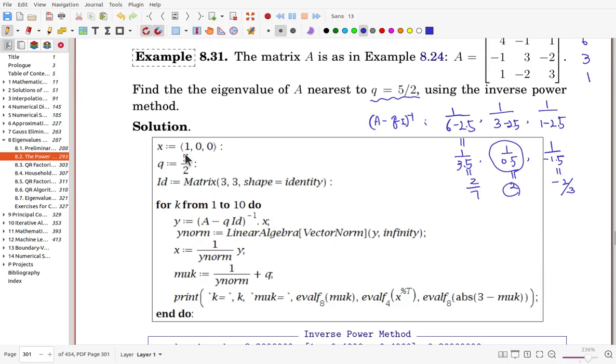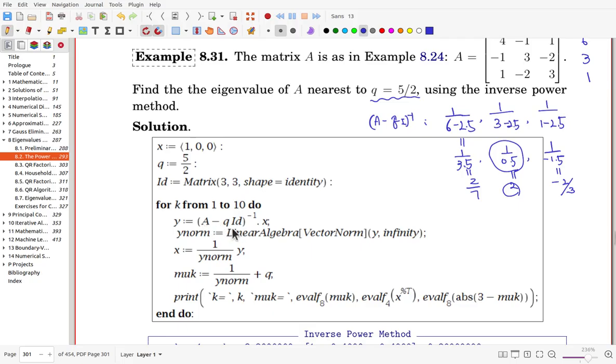Now, start with a non-zero vector, q is 5 over 2, and now we are applying an identity mapping, so each time the inverse is multiplied. In the beginning you can find the inverse and simply multiply in each iteration, but here, to get the same form, I wrote it down in this way.